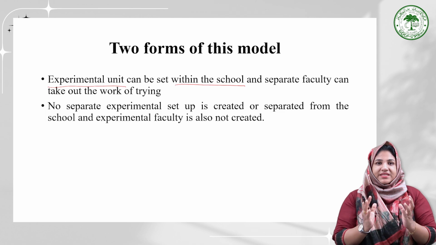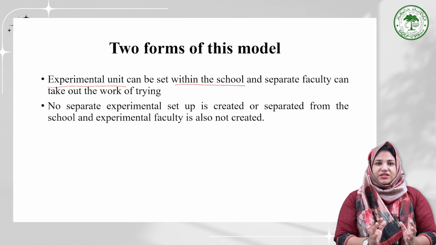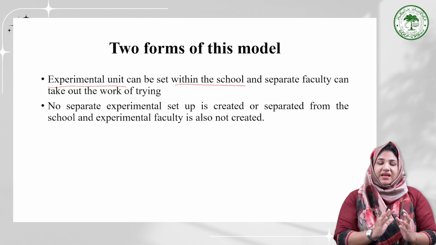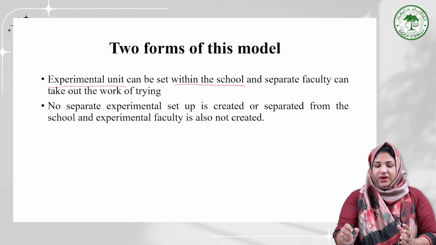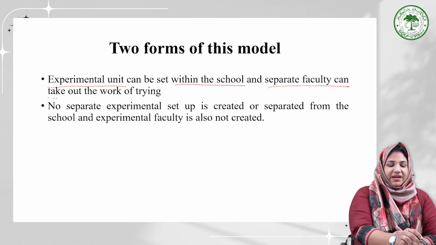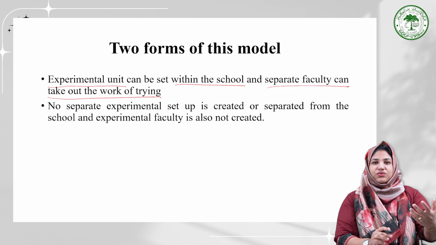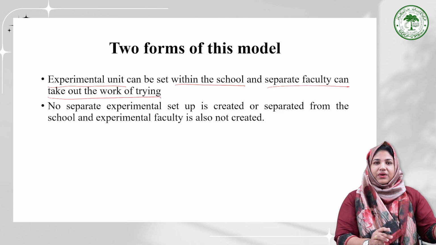That means you select one classroom, or two or three classrooms, or the 8th standard only, or the primary section only. Like that, we can make an experimental setup within the school, and a separate faculty can carry out the work of trying. That means teachers from other schools can conduct their work in the school. This is one form of the model.